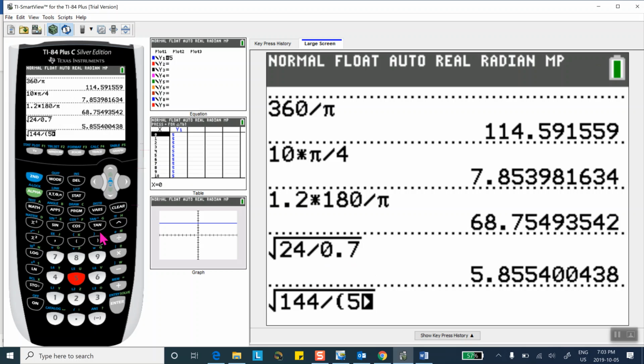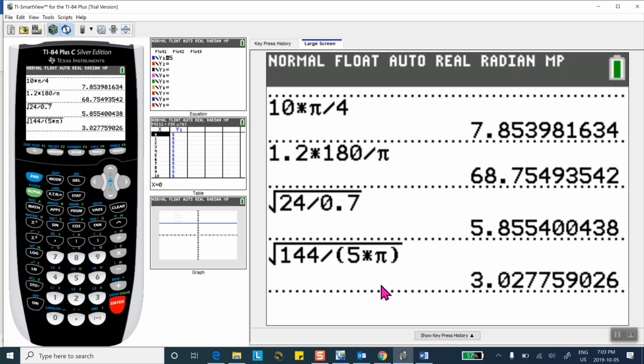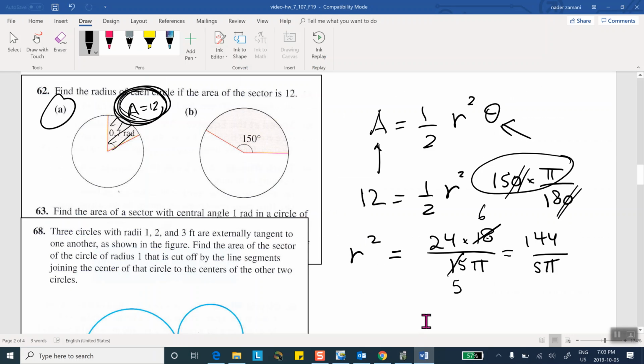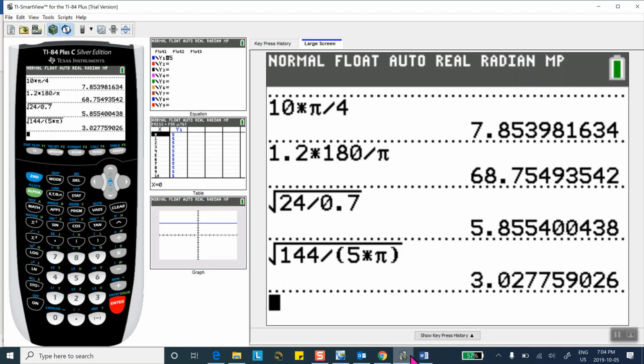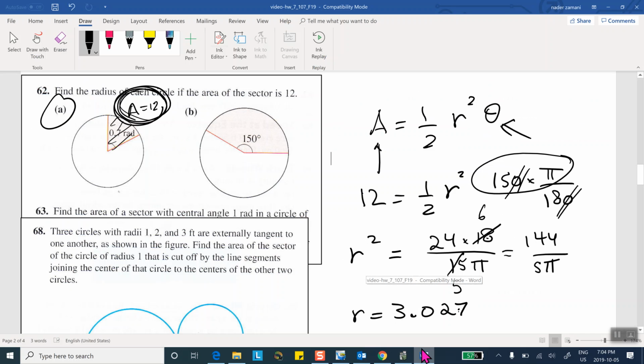This is where people can make a mistake when using a calculator, but I'll let you work it out. Close the parentheses. We don't have to, but enter. So that's going to be 3.0278 if I round it. R equals 3.028, to 3 digits, it's going to be 3.028 right here.